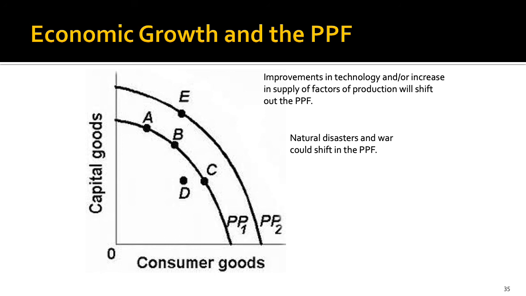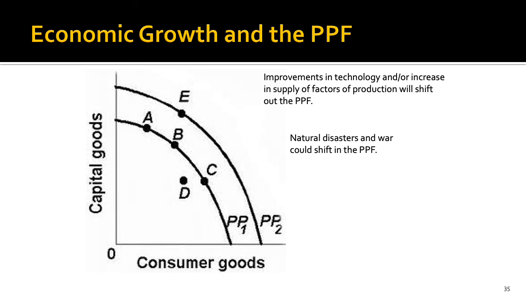Now, when do these shifts occur? They occur either when there are improvements in technology or an increase in any of the factors of production. So we could have an outward shift of the PPF when there's increased labor, increased capital, increased entrepreneurial ability, and increased land.